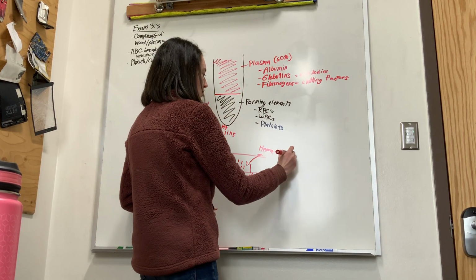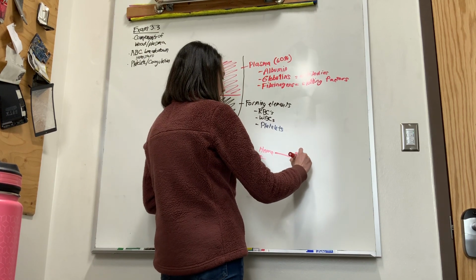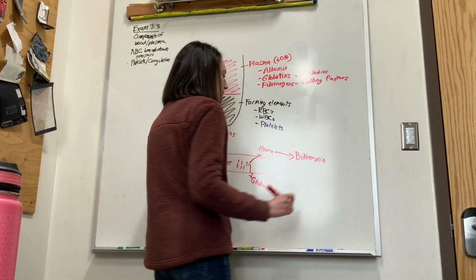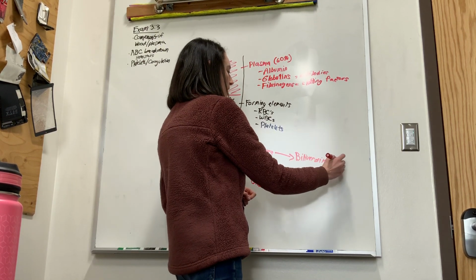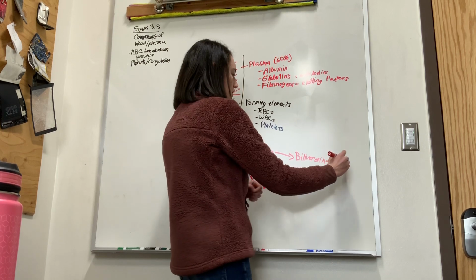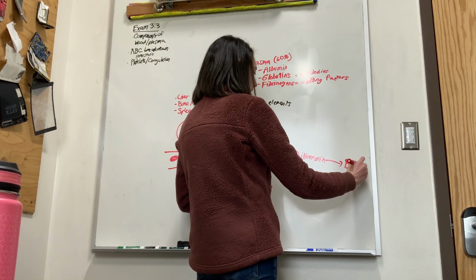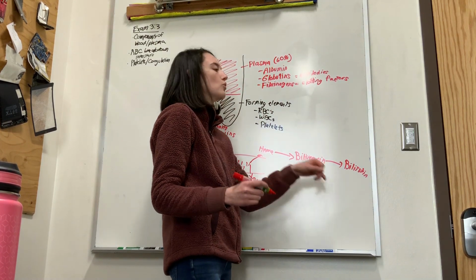To start, heme is going to be converted into a component called biliverdin. After that happens, it's going to become bilirubin as it is transported from the blood into the liver.